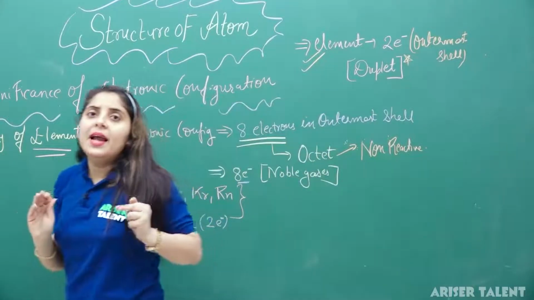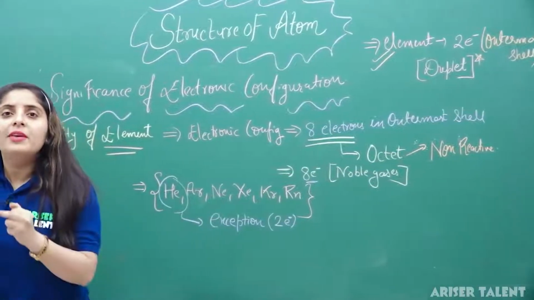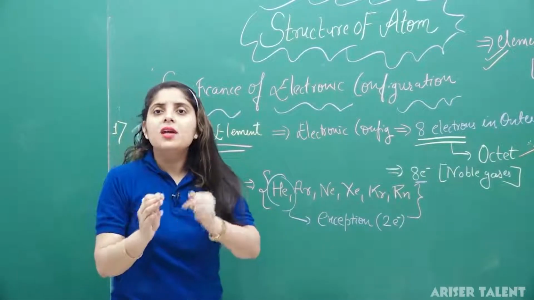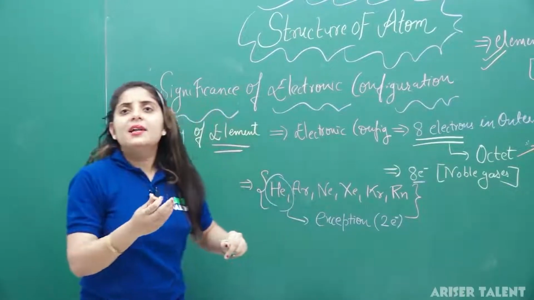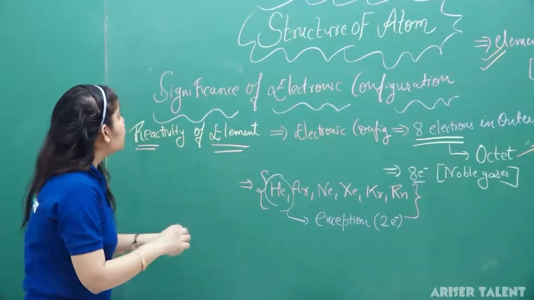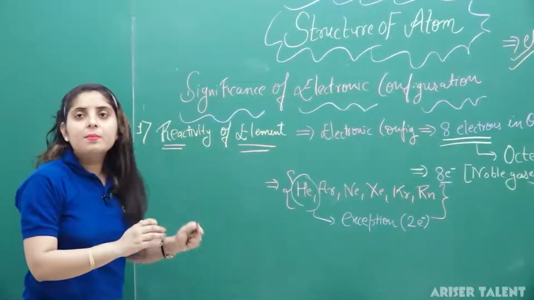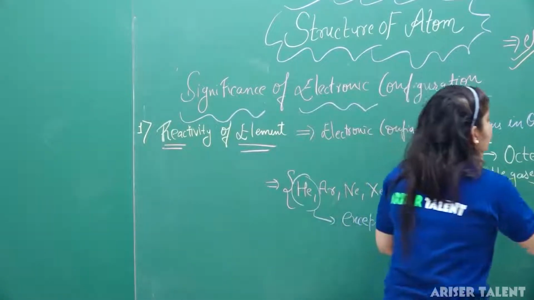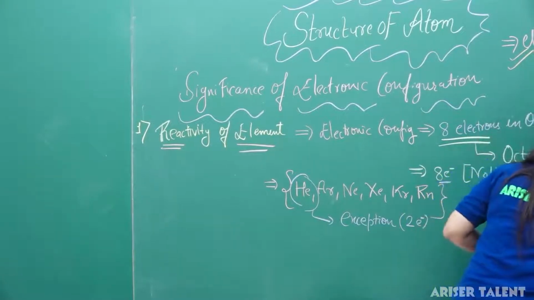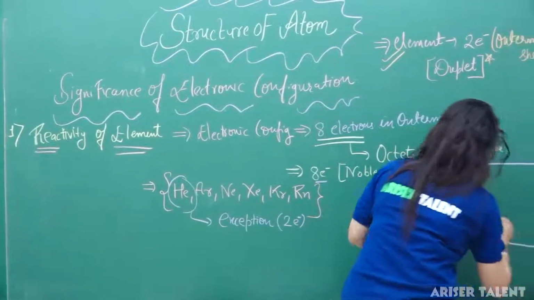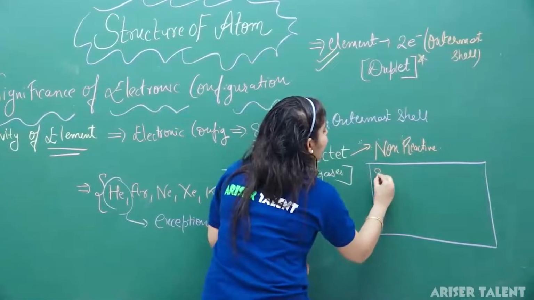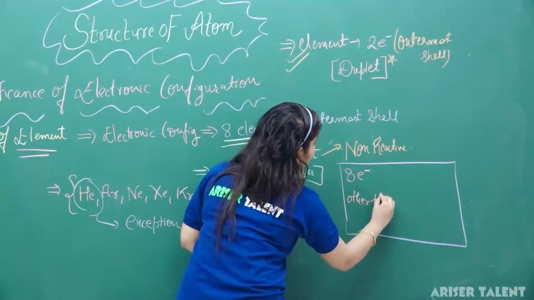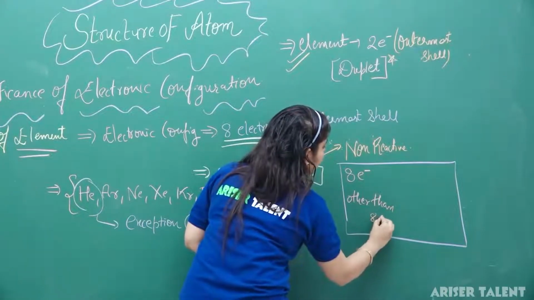So, if the atom has 8 electrons, we can say that these are non-reactive elements. If it has electrons other than 8, we can say that the elements are reactive. So, electronic configuration basically tells us about the reactivity of an element. In general form, if an element has 8 electrons or other than 8 electrons, what will we say about it?